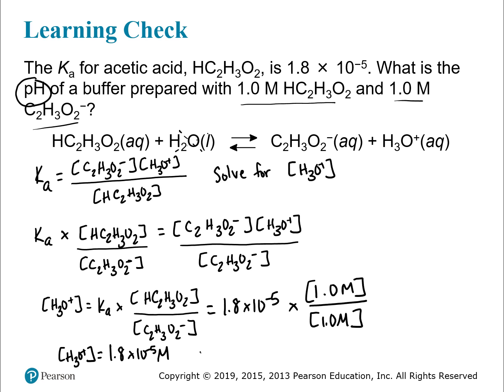So now that we know our hydronium concentration, let's plug that in to the equation we know for pH. I can't stress this enough. 1, make sure that you have the negative sign in front of the log. 2, make sure that you know how to use the log function on your calculator.